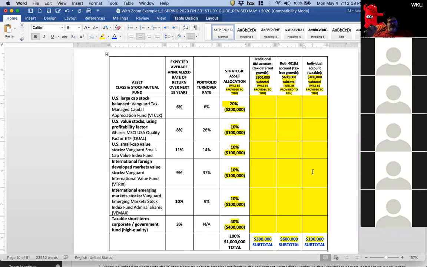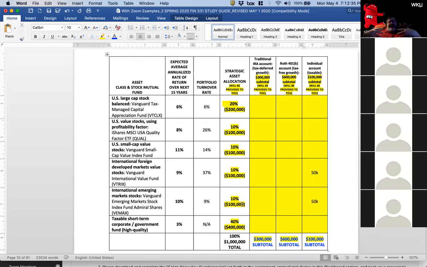Step number 1, we want to put into the taxable account foreign stock funds. Well, we have 2 foreign stock funds here. We have 100,000 here. We have 100,000 here. We only need 100,000 here. So we could just say, hey, let's split those, 50K each, okay?